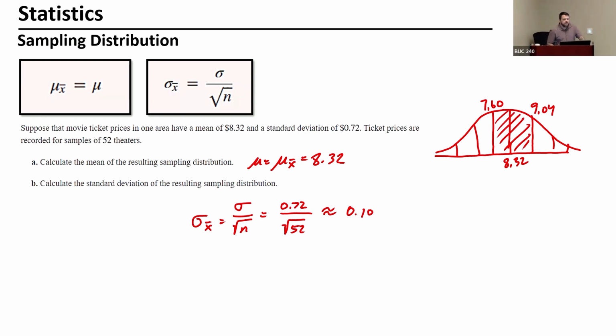How much information sits in there? How many of my movie theaters fit within that? Within those prices? 68%. 68%. That's exact. Why is it exact? Exact-ish, okay, but it's exact enough that you will never know the difference. Why is it exact?